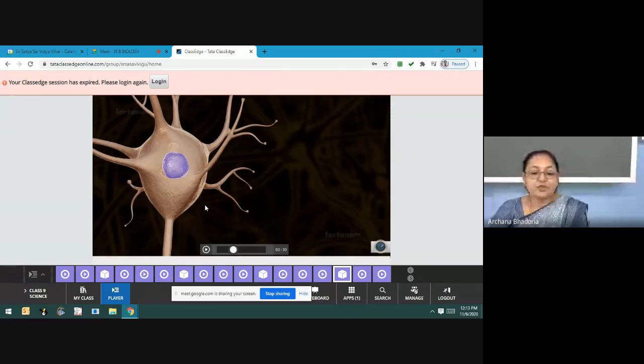First subheading, you put cell body or the cytosol, you have written. So it consists of, you can write that it is a spherical or oval structure.